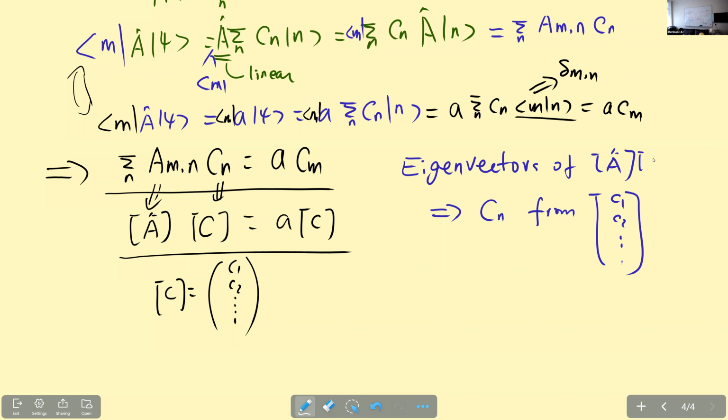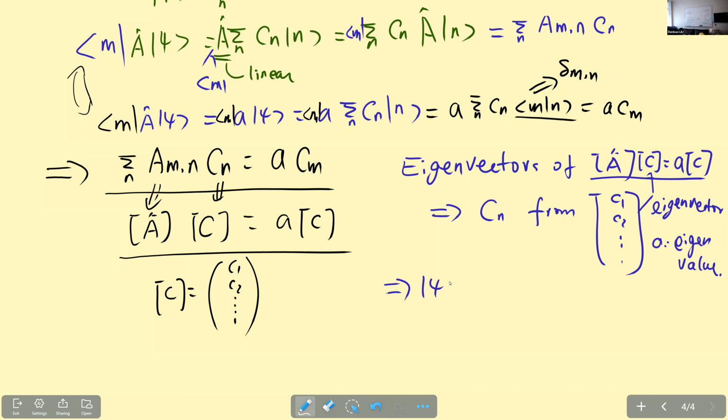Because you have C equal to A times C. So this one is called an eigenvector, and a is the eigenvalue. And then the state psi just equals the summation over m of C_m times the basis state, so it's obtained.